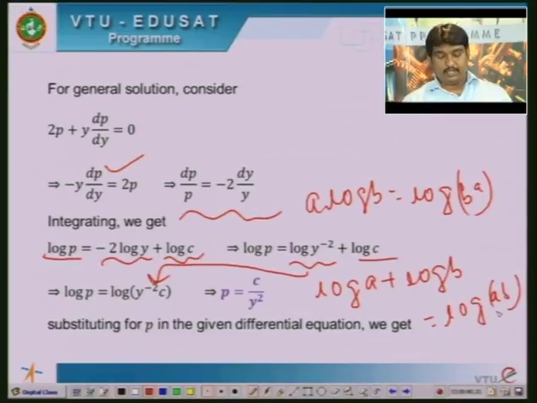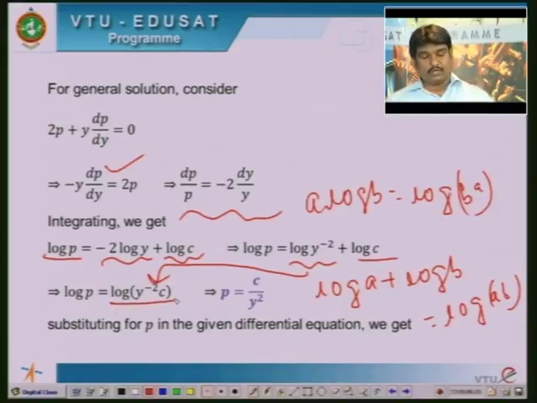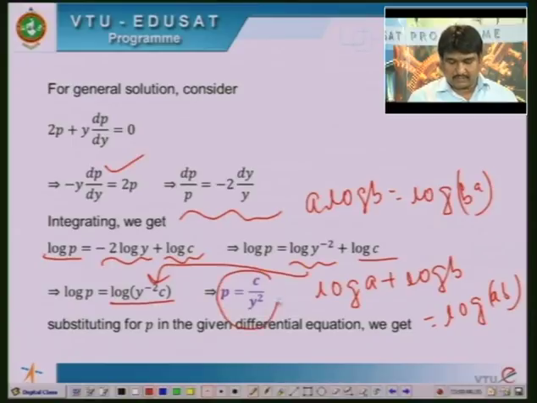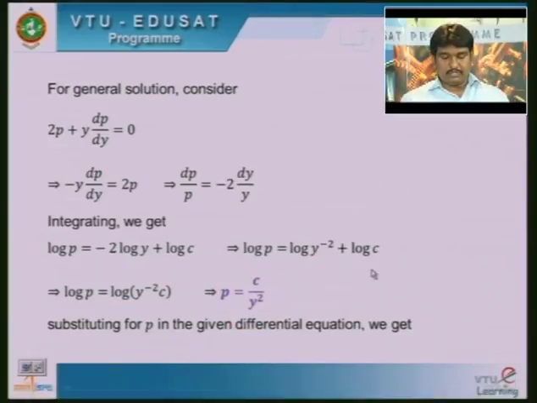With this property, this becomes log of y^-2 times c. Therefore p is c/y², since y^-2 is 1/y². So I have determined p. The next step is to substitute this p in the given differential equation and eliminate p. Let us substitute this in the given differential equation.